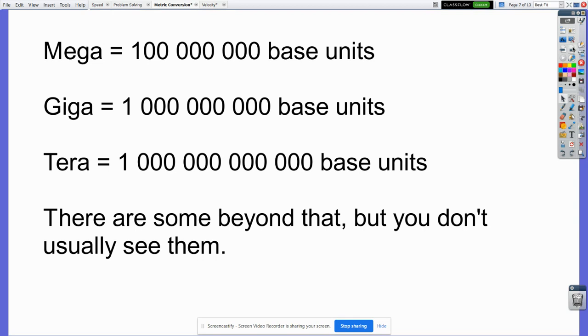And then tera is 1,000,000,000,000, so a terabyte would be 1,000,000,000,000 bytes. There are others that go beyond that, and I'm sure one day they'll become more normal to us as we move beyond things like terabytes. But these are the 3 that I've seen before in physics.